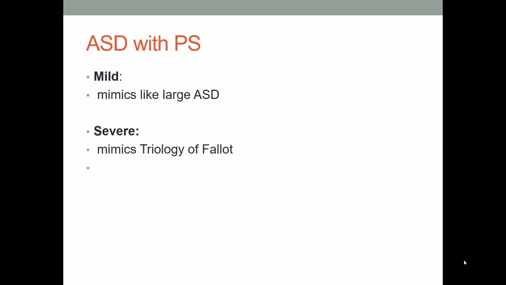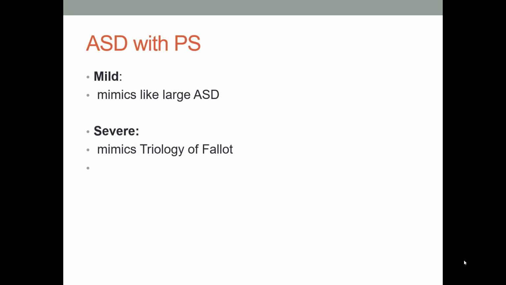How do you please distinguish PS PFO and PS ASD, assuming PS is the dominant physiology? We are not talking about those mild PS which is accelerating the ASD flow. We are talking about a PS which is very severe, but there is an atrial level communication which is allowing cyanosis. The question is whether the atrial level communication is ASD or PFO.